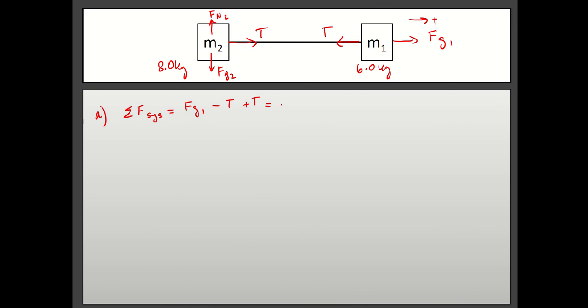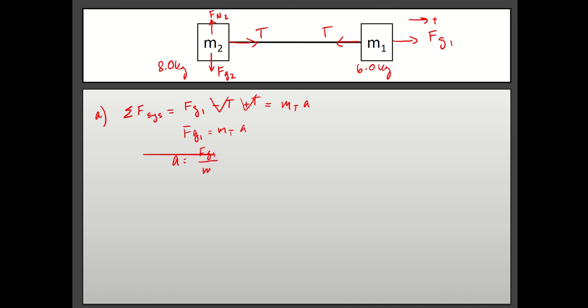So this is going to equal our total mass times the acceleration of the system. The tension will cancel out, and we are left with just Fg1 equal to the total mass times the acceleration of the system. To find the a, we just need to divide both sides by the total mass.